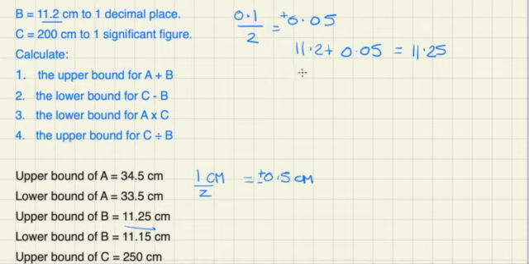The lower bound is 11.2 minus 0.05, which equals 11.15. Okay, so they're both centimetres. So that gives you this value over here.